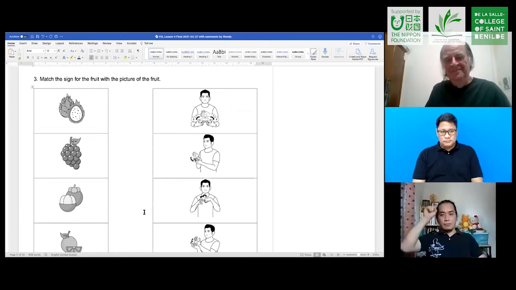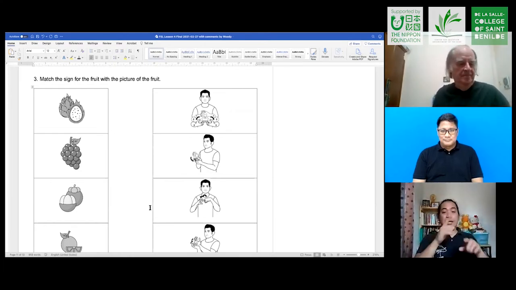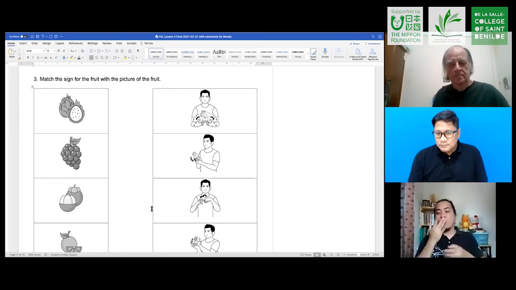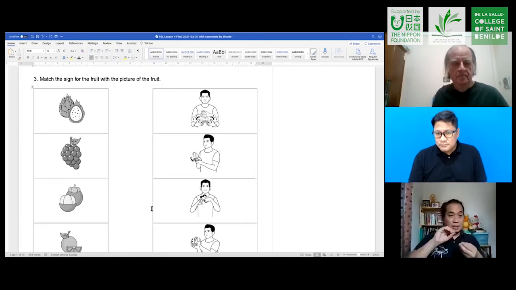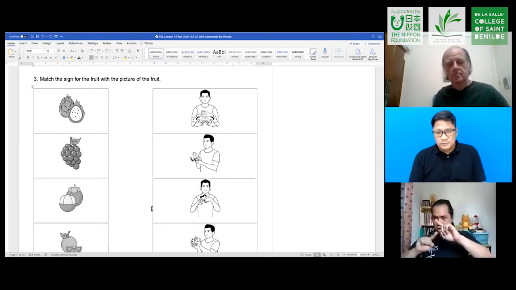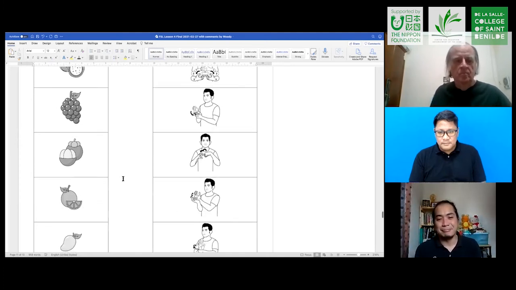Say it again. He asked whether or not we should include colors for this. And I explained that because the question is asking for a description using color, we should make the example colored. But if it's just sign to picture, the color is not necessary. Okay, sounds good.